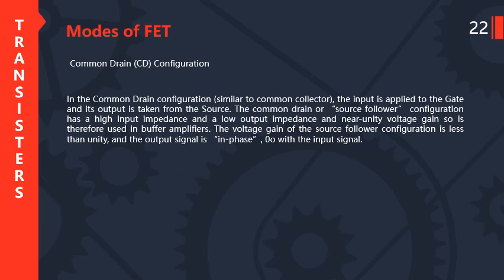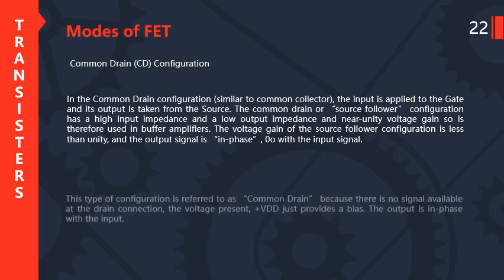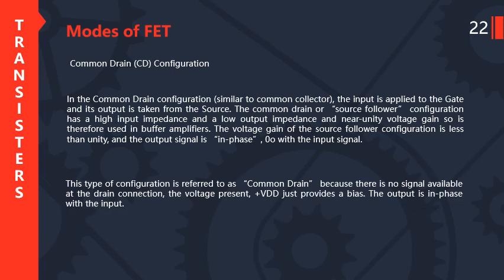The voltage gain of the source follower configuration is less than unity and the output signal is in phase, 0 degree, with the input signal. This type of configuration is referred to as common drain because there is no signal available at the drain connection. The voltage present at plus VDD just provides a bias. The output is in phase with the input.